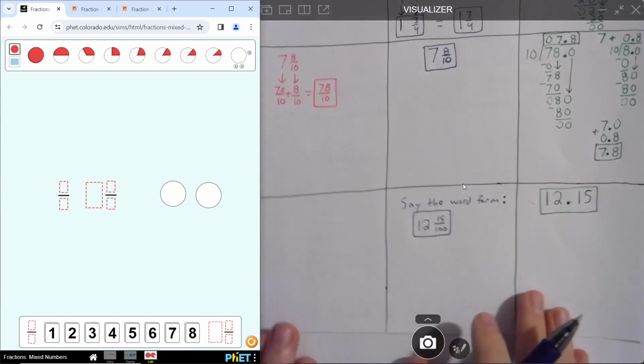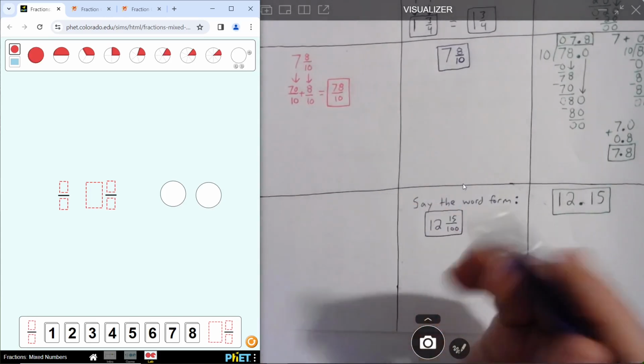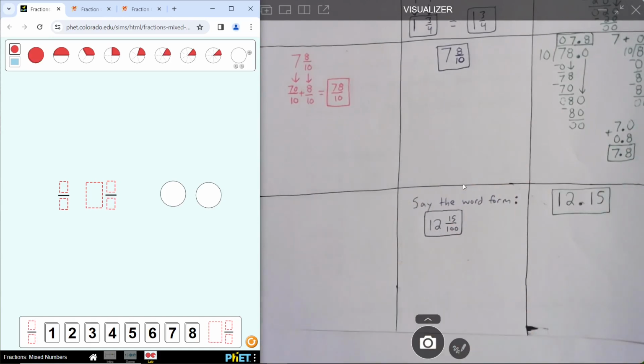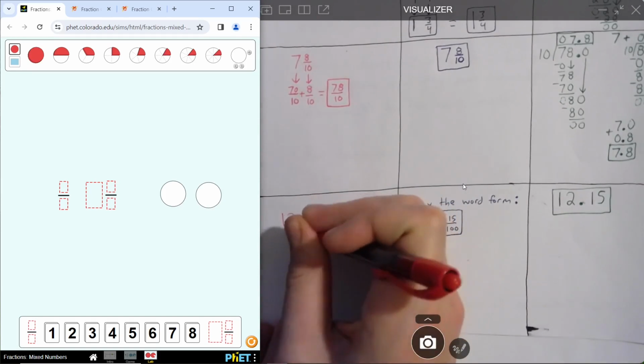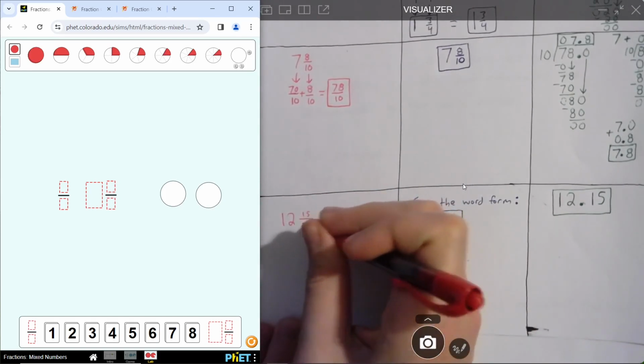And then what would that look like as an improper fraction? Well, if you simplified it even further, then you could still do this trick just with the simplified version of the mixed number. We'll do it with the version that we are using here. So we have the mixed number of 12 and 15 hundredths.